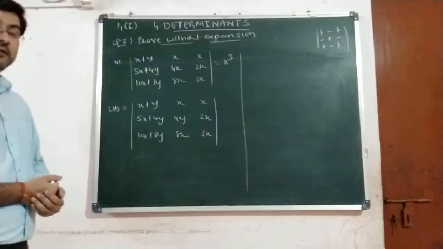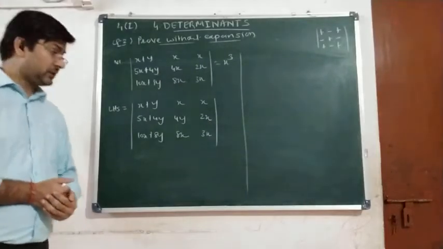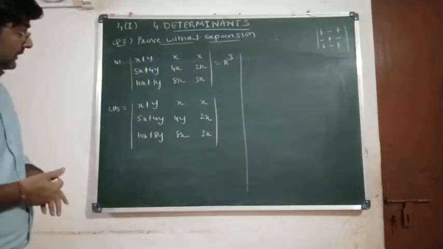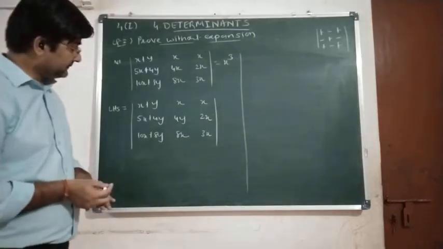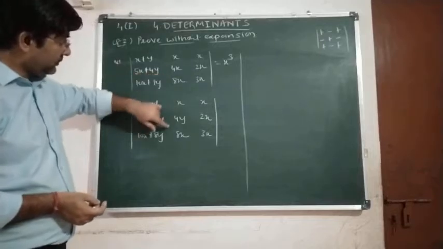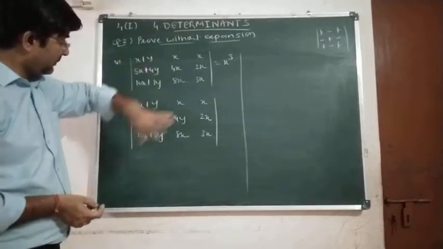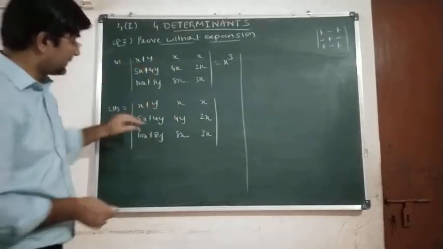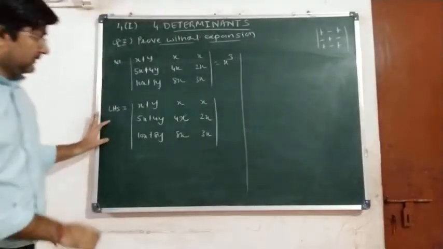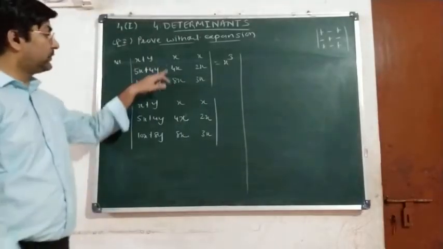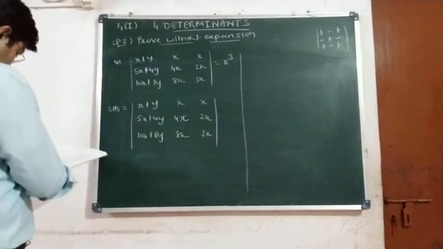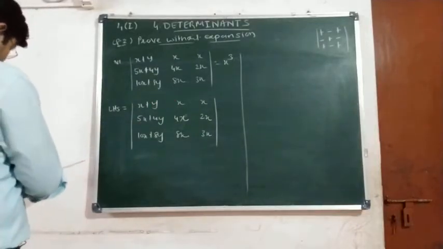Let us see the various ways we can solve this determinant. Number 1, we can take common from the columns, here there is a mistake, it is x. Clear? Yes or no? Now 4, 8 and 2, 3.